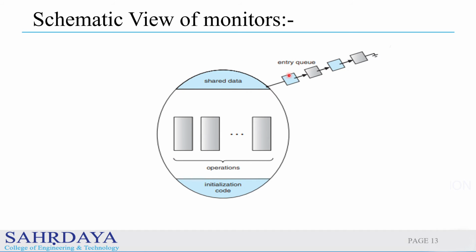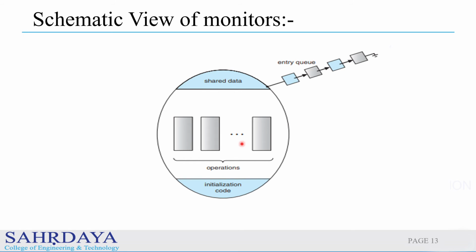This is what happens in monitors. When there is an existing process that is active in the monitor, the other processes wait until this existing process leaves the monitor, then the next one will get in. Similarly, once that one finishes, the next one will get in, and that's how this queue works.